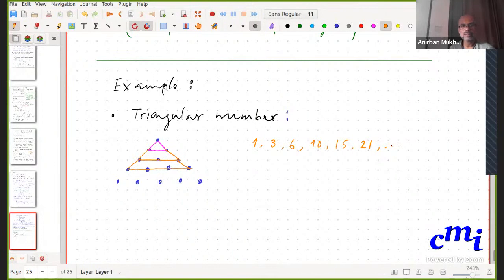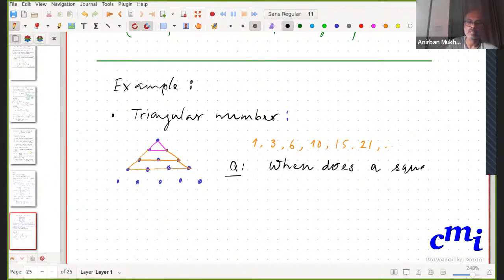Now the question is, when do we have squares in this sequence? This obviously gives an infinite sequence of integers. The question is, when do we get a square in this sequence? When does a square appear?